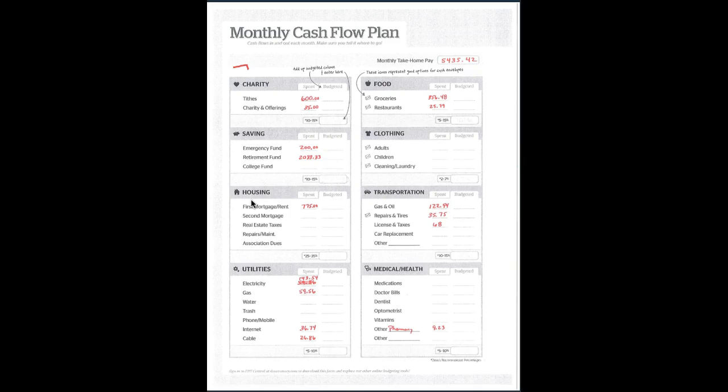Food, we've got broken down into groceries and restaurants. Maybe you want to put an extra category there that says fast food, depending on that sort of thing. If we break it down here, when we apply what we spent, we can actually see if there's a problem in that category. We can cut back on eating out, for instance.